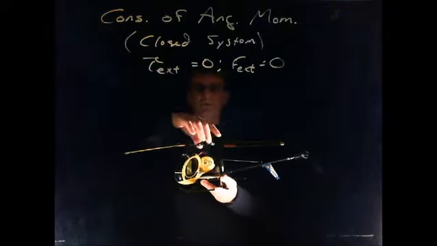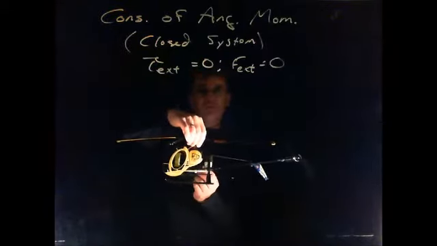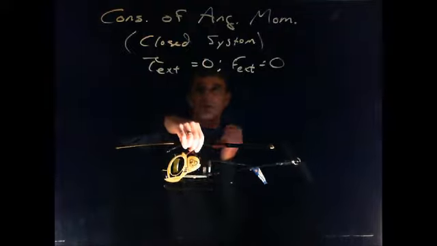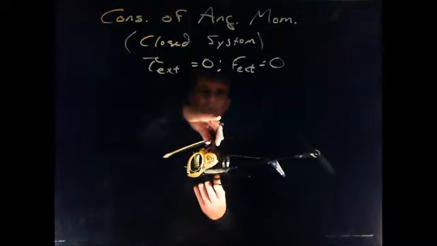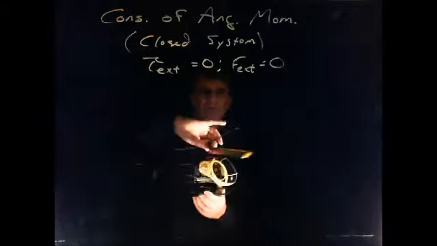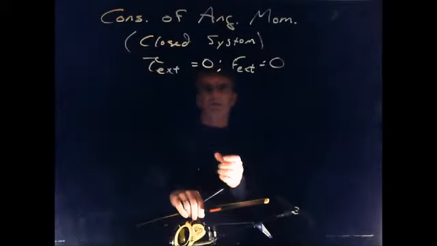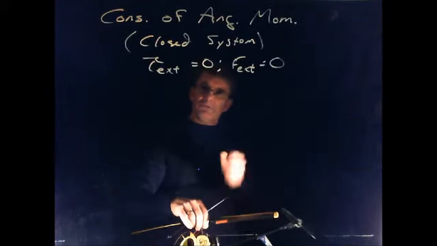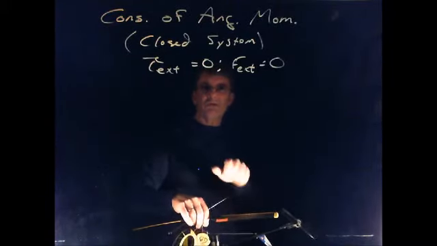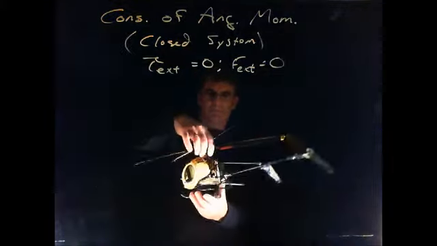Newton's third law says there's also going to be a force from the propeller back to the motor in the opposite direction. So in reality, when the propeller is spinning one way, the helicopter should be spinning the other way. This is why if you've ever taken an electric drill and you pulled the trigger real quick, you get a little kickback on it, because of conservation of angular momentum.